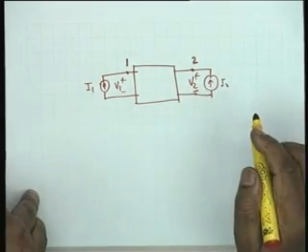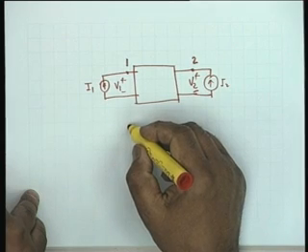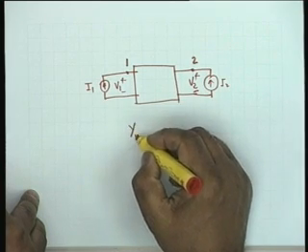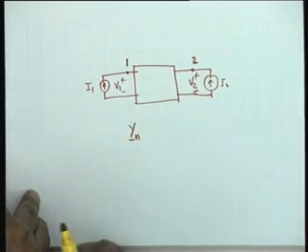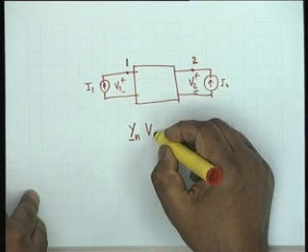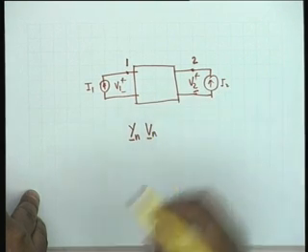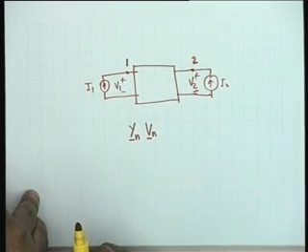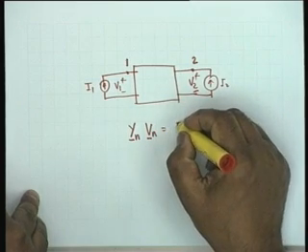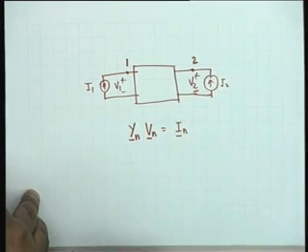You recall that the node analysis gives you a nodal admittance matrix Yn multiplied by the nodal voltage vector Vn. This is equal to In.